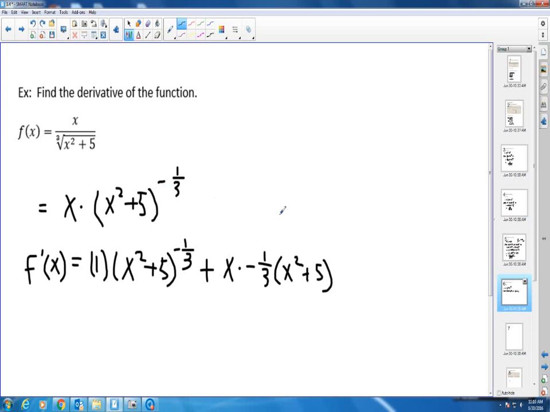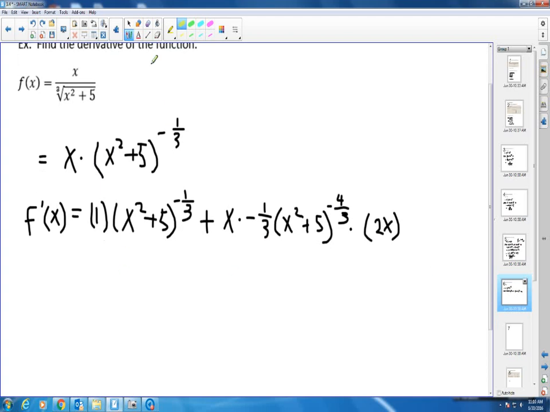And negative 1/3 minus 1 is negative 4/3, times derivative of the inside, which would just be 2x. Alright, so all this stuff here is coming from the chain rule. The derivative of the first times the second plus derivative of the second times the first. So that's why I wrote the x up front.